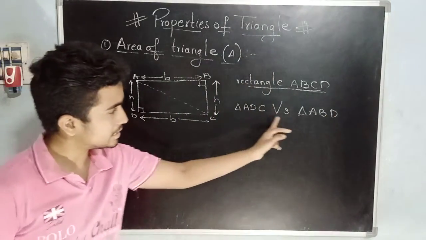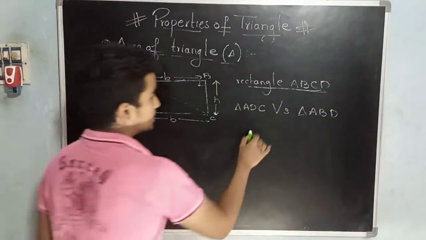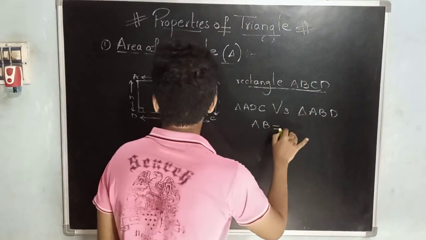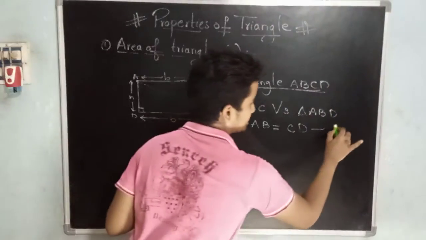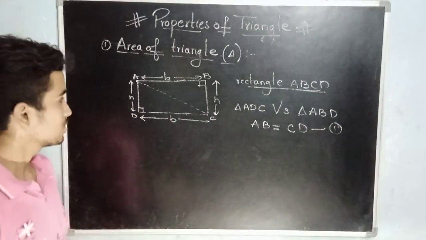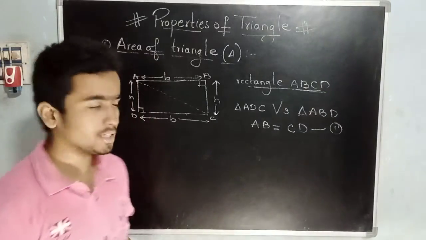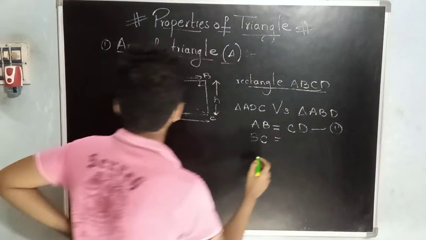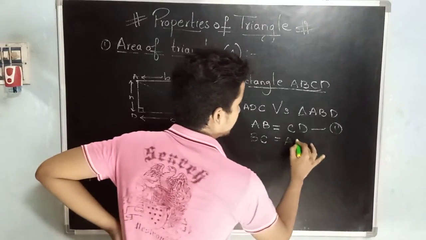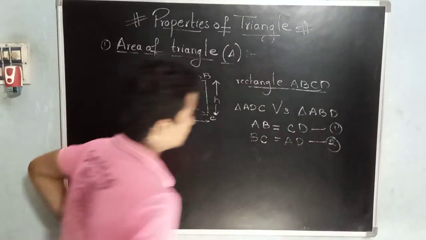In triangle ADC and triangle ABC, here AB is equal to CD. This is our first condition. BC is equal to AD. This is our second condition.